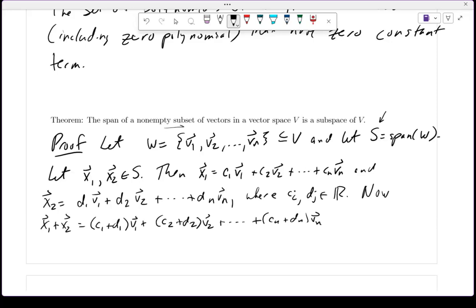Notice to be able to write it that way, we are using axioms of a vector space, right? Technically, I would have that whole vector added to that whole sum. Then we're using commutativity to rewrite it, to put the v1s together, the v2s together, all the way down. Technically, we're using associativity to regroup things as well.